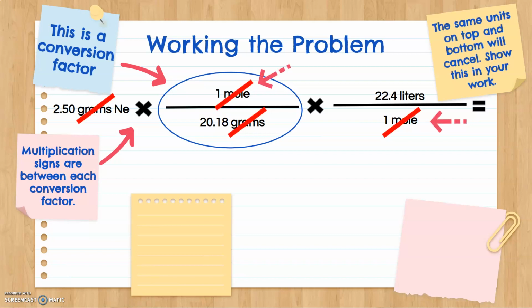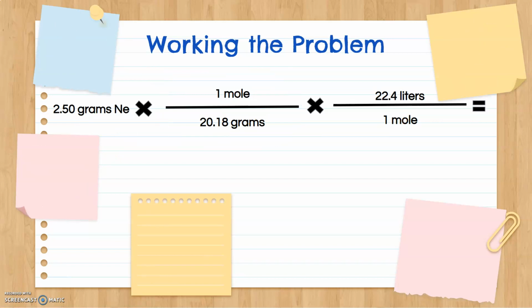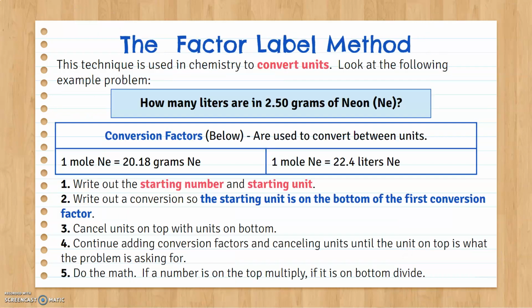Those units are going to cancel. All we're left with is liters and neon, and that's exactly what the problem is asking for, liters and neon. If we go back, it says cancel units on the top with units on the bottom, the same units. Then it says continue adding conversion factors until you get what you want. Well, we want liters. It's on the top. That's where we want it. So that's where we would be done with conversion factors.